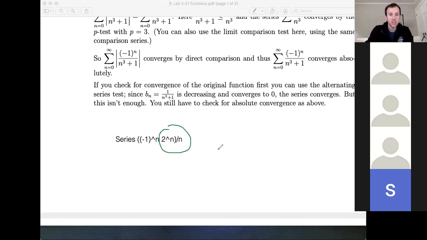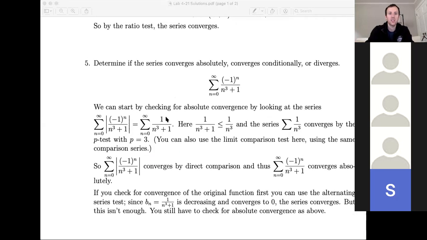So for a series, if they just diverge, then you don't have to worry about the absolute value version because you've already come up with your answer. It's just if the original series converges, then you have to check, does it converge with absolute values on?